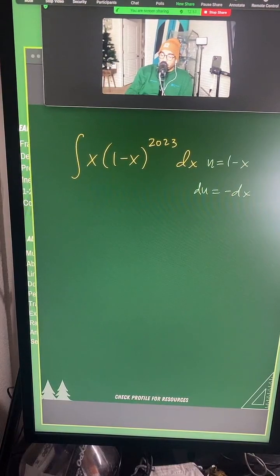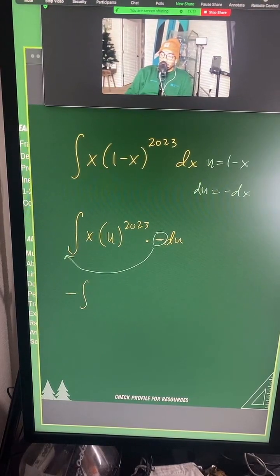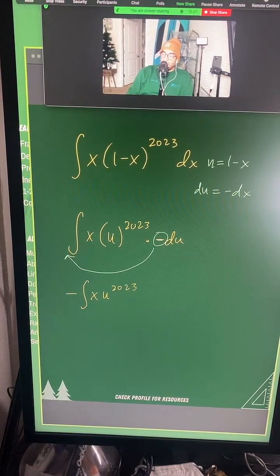All right, so I have the integral of x, and then this 1 minus x was u to the power of 2023, and then our dx was negative du. Okay. Let me just go ahead and rewrite this a little bit. I'm going to put that negative sign on the outside, make things much easier. But we still have this negative integral of x u to the 2023, which is kind of annoying, right? And then we have the du.